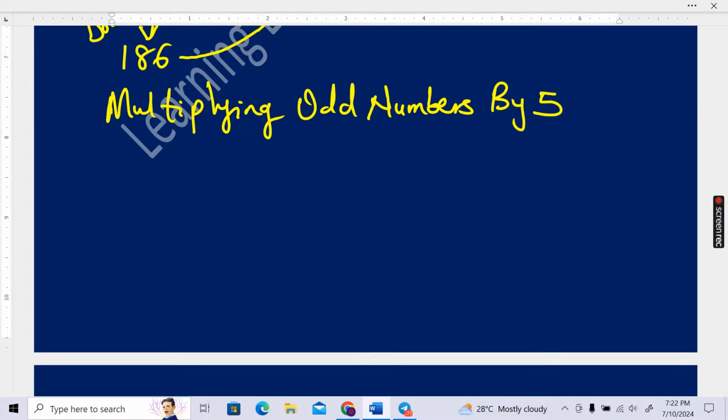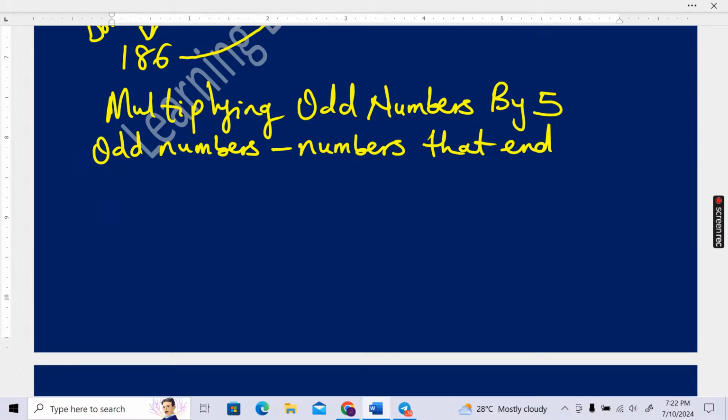I gave you examples of odd numbers and told you the definition: odd numbers are numbers that end with 1, 3, 5, 7, or 9. When you see a number that ends with any of these digits, it means the number is an odd number.